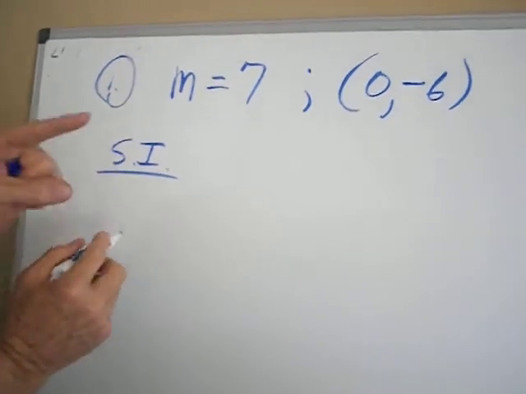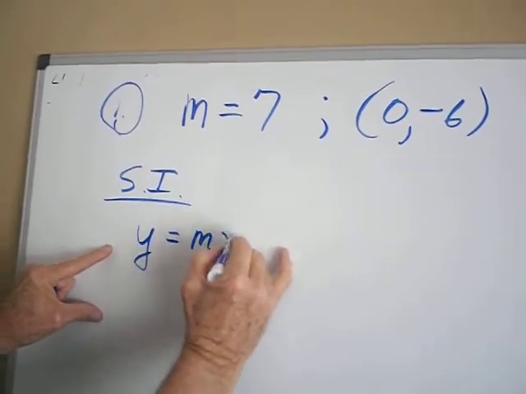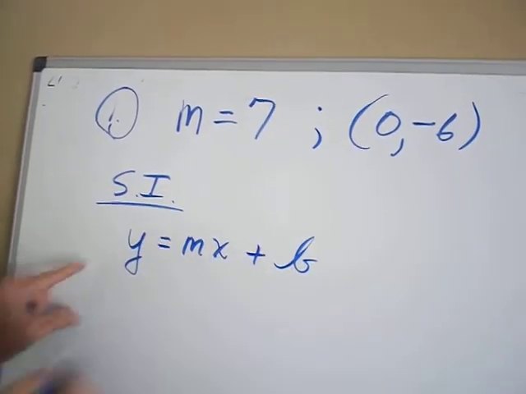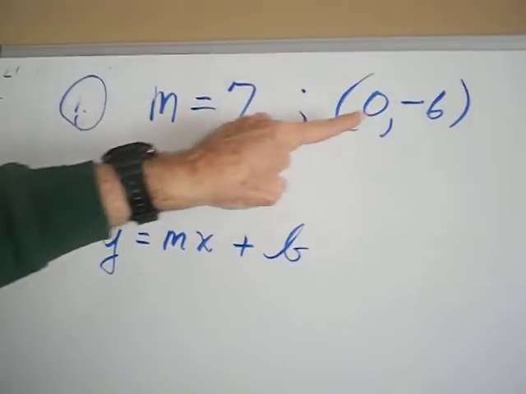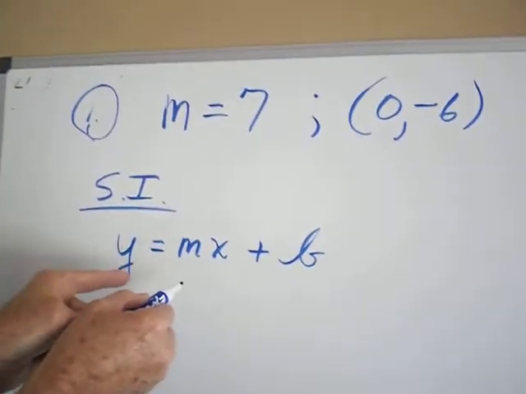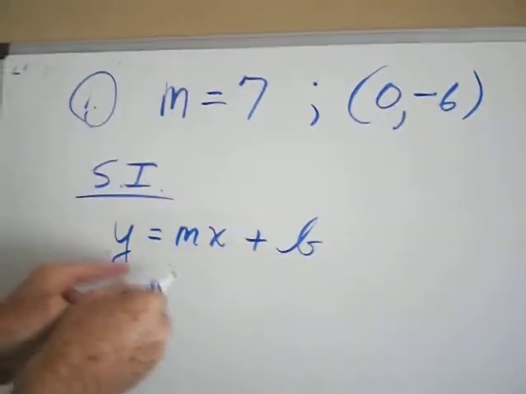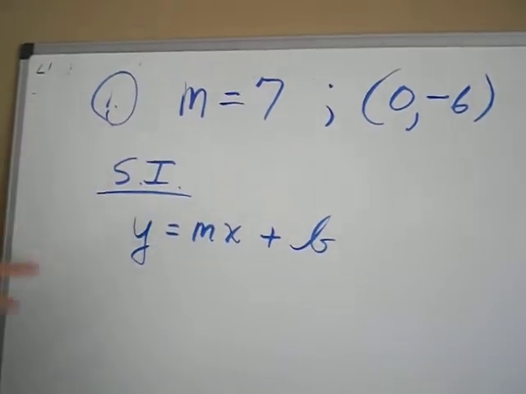So we write our formula: y is equal to mx plus b. And now we're going to take the data that's been given to us on number 1, and we're going to substitute this data into this formula, and we'll have our equation of the line in slope-intercept form.